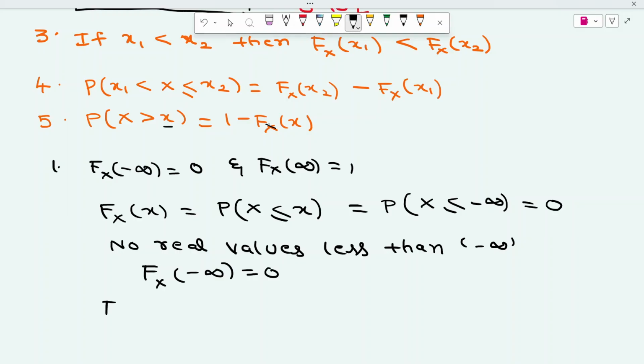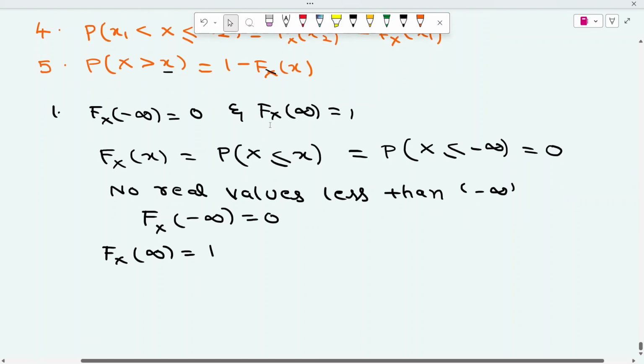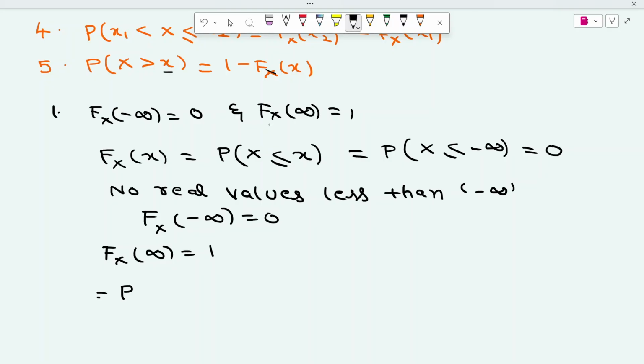The second one, the maximum value: Fx(infinity) is equal to 1. What is Fx(infinity)? This is given by the probability of X less than or equal to infinity. X less than or equal to infinity includes all values.